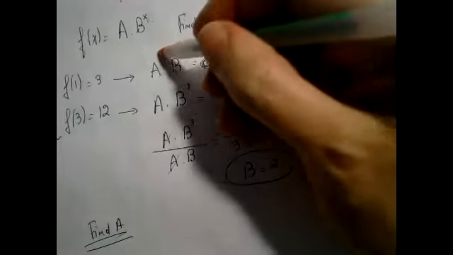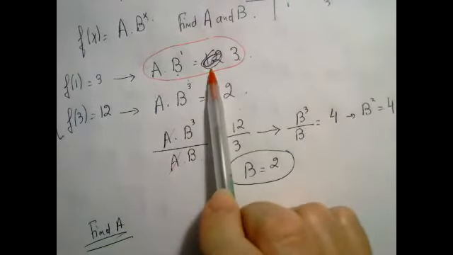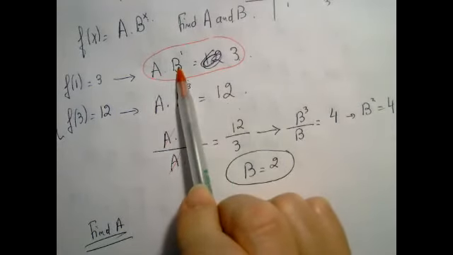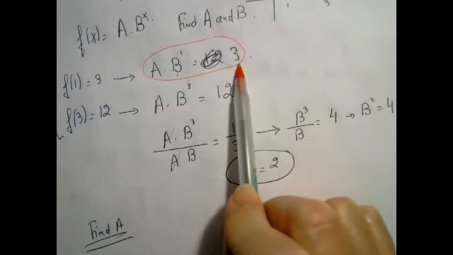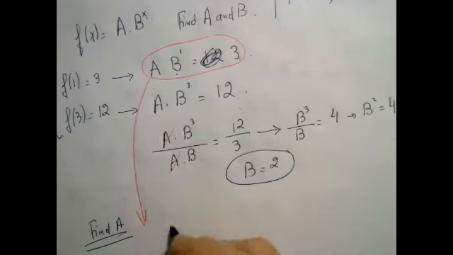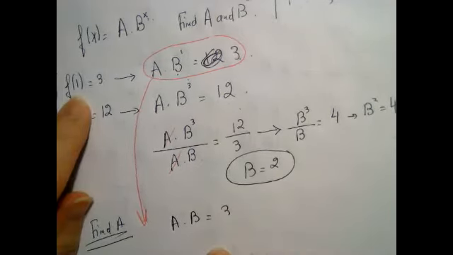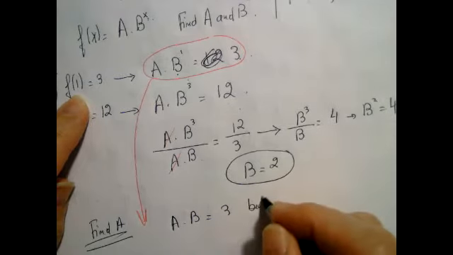I can pick any one you want. Pick this one, for example, and I say, okay, a and b are related by this equation. If I know the b, I should be able to use it to get the a. All right, so now let's do that. So this is the equation I'm going to use. I know that a times b is equal to 3. That's f of 1 equal to 3. But b is 2.